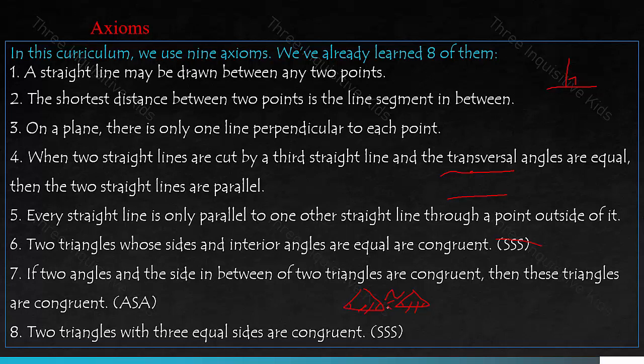That's a symbol for congruent. So that would be ASA, angle, side, angle. Number 8, if 2 triangles have sides that are the same, then they are congruent. That's SSS. As you can see, these 8 axioms are all something that has to do with geometry.